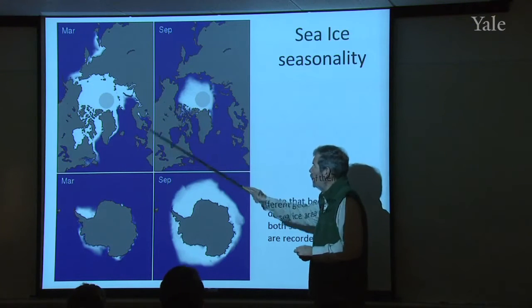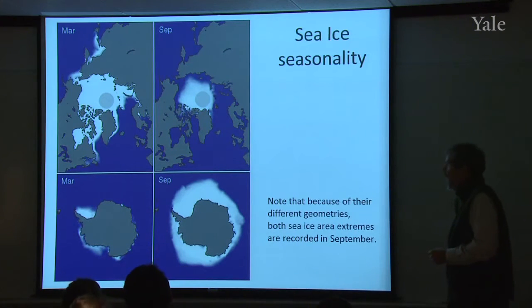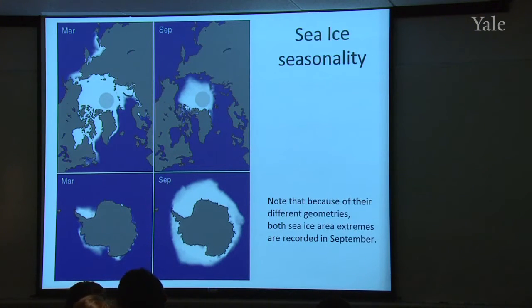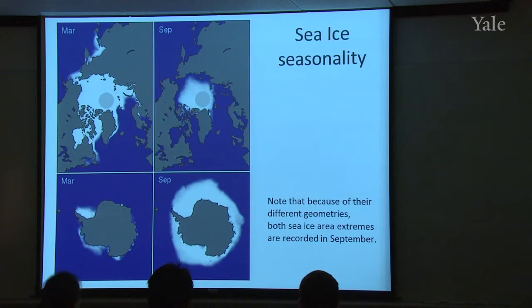So we'll focus on these two diagrams. As the cold air blows over the ocean surface, it draws heat out of the ocean and cools it down. When you get the temperature down to about, not zero, but about -2 Celsius, because the salt depresses the freezing point by that much, then you start to get sea ice forming.